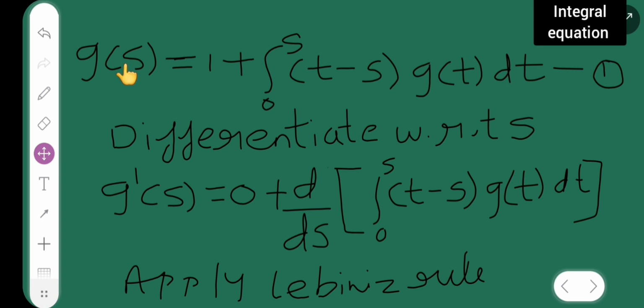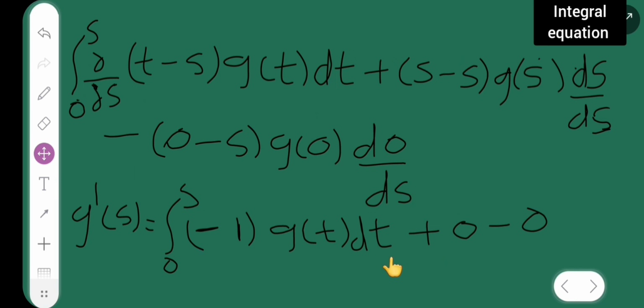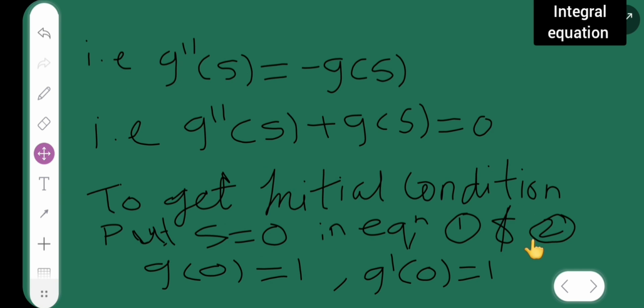So what I am going to get is g of 0, because s is 0, is equal to 1.